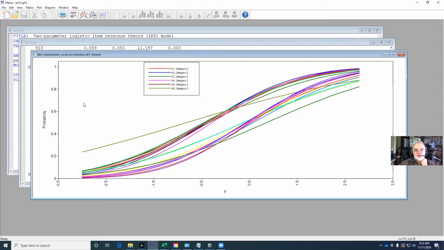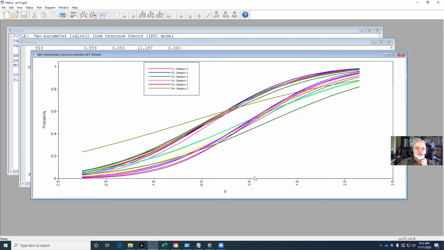So while you might think that difficulty is one characteristic of items that we can certainly relate to, we've all taken tests that were really easy or really hard in life, the discrimination informs you of the ability of an item to discriminate between people at various levels of the latent variable.